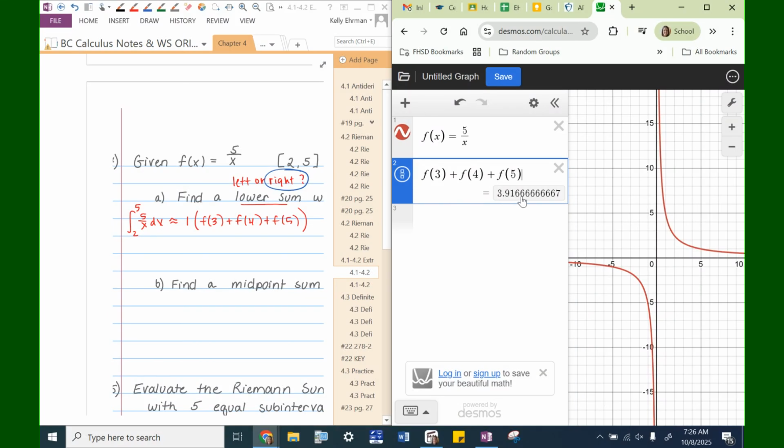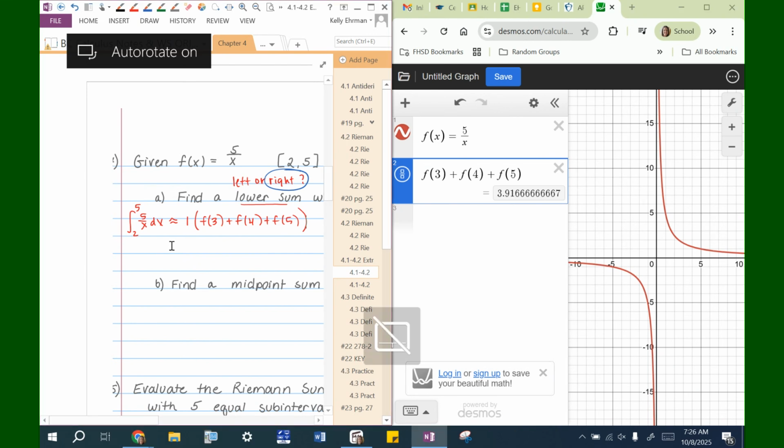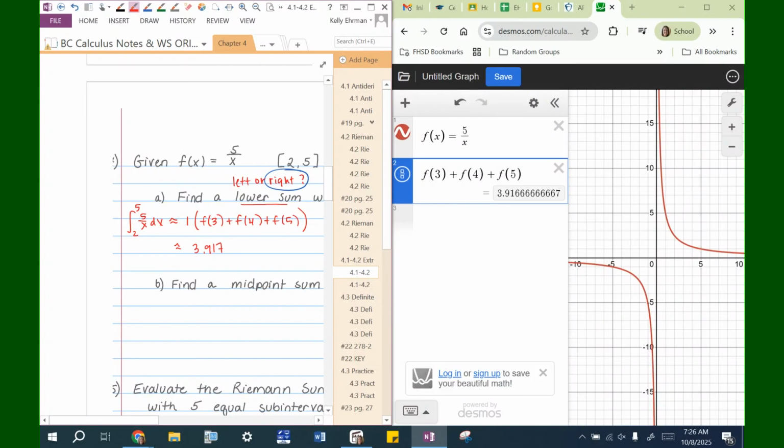Now, this is the decimal answer. If you want it to be a fraction, click this. I kind of like the decimal answer, especially if they're having me do a few. I can compare what's higher, what's lower. So I'm going to keep it as 3.917. All right, so that's our lower sum.